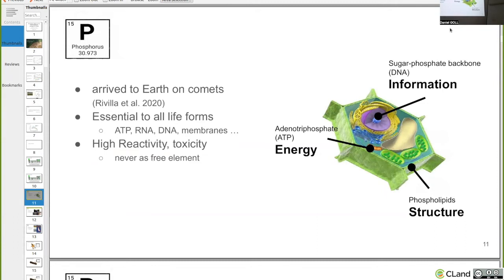It's essential to all life forms because it's an integral part of important things like ATP, which is for the energy system on a cellular level, DNA, RNA, which stores the information of life, and also it's part of the cell membrane. So all organisms and cells need phosphorus, and it has a very high reactivity and it's very toxic.